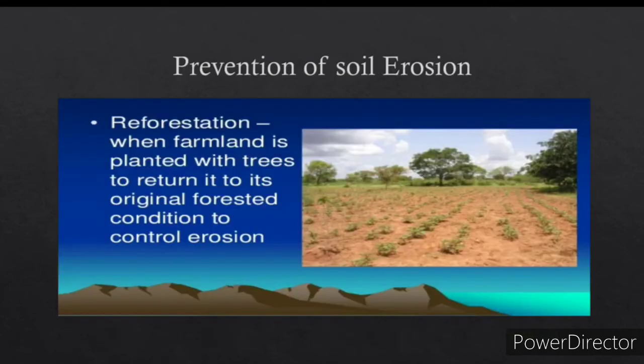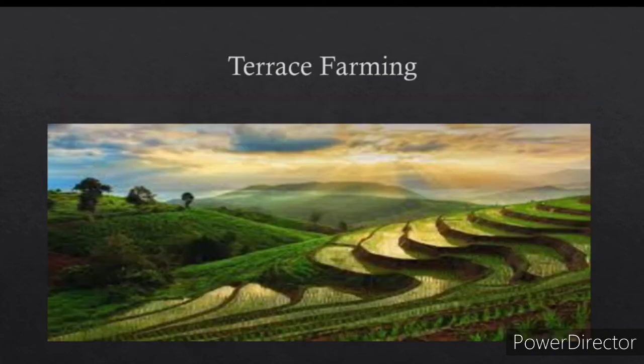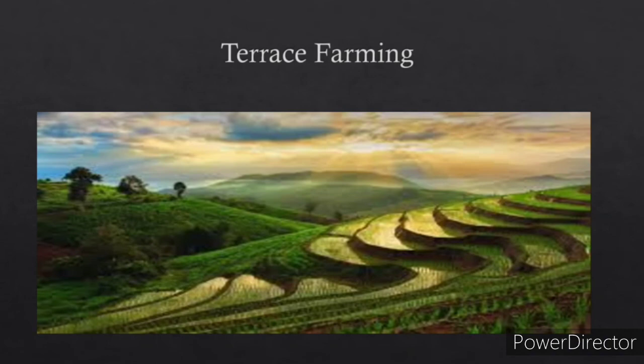Now how can we prevent soil erosion? The first one is afforestation, or we can say reforestation. Growing and planting more trees retains the soil and prevents soil erosion. Let's talk about another way through which we can prevent soil erosion, that is terrace farming.